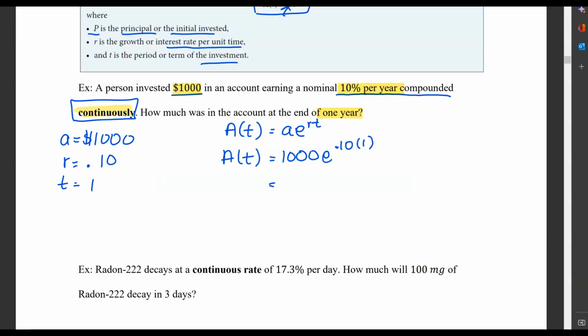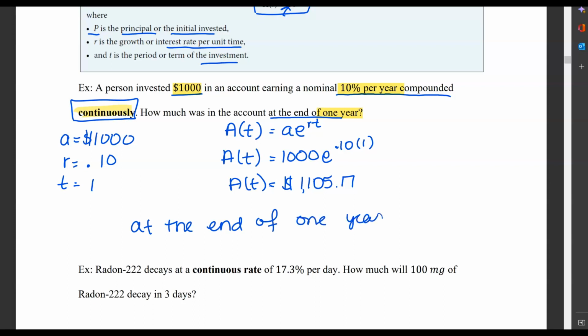So let's write that down. How much was in the account at the end of 1 year? At the end of 1 year, we had 1,105.17.